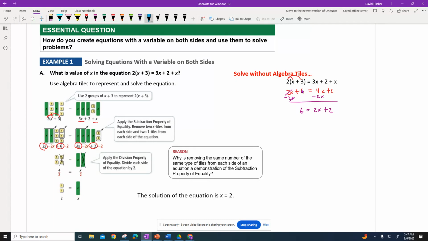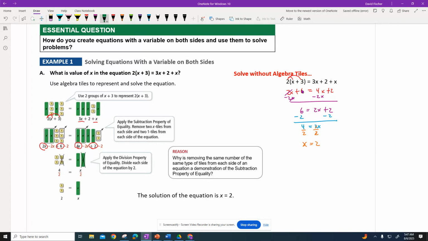Now that I got these x's over here, I want this 2 over there, so I subtract 2 from both sides. So now I got 4 equals 2x, very similar to here. And lastly, I want to divide by 2, because I want to get the x by itself. I want to put my answer in standard form. X comes first, and 4 divided by 2 is 2.